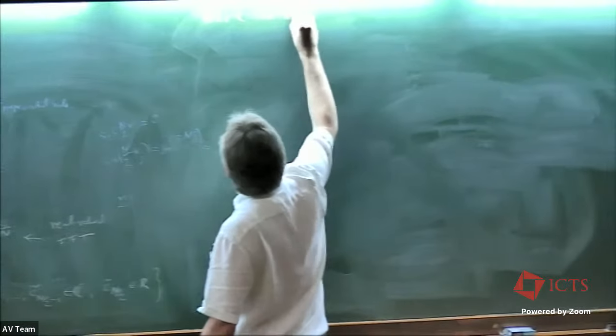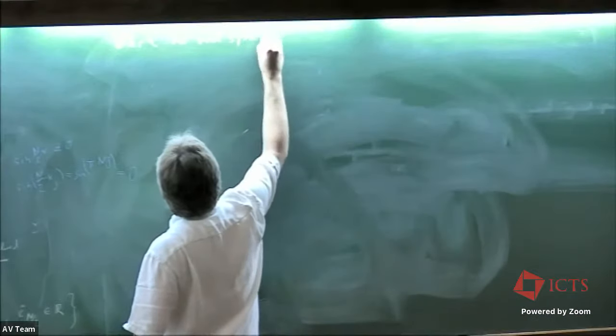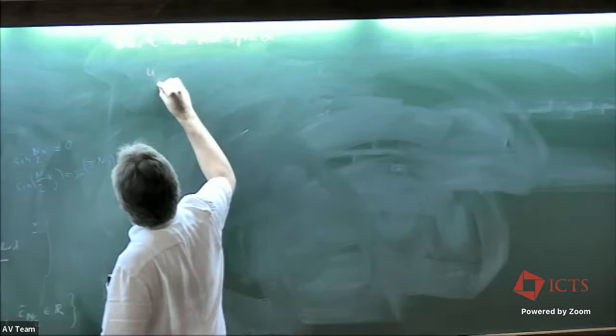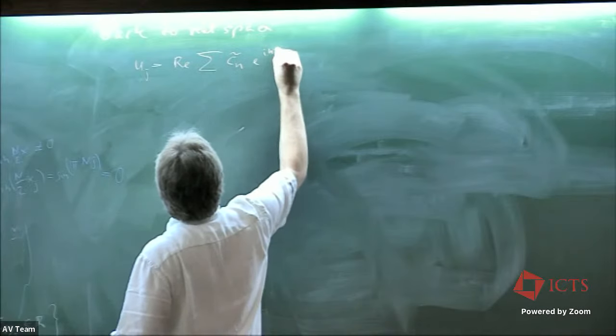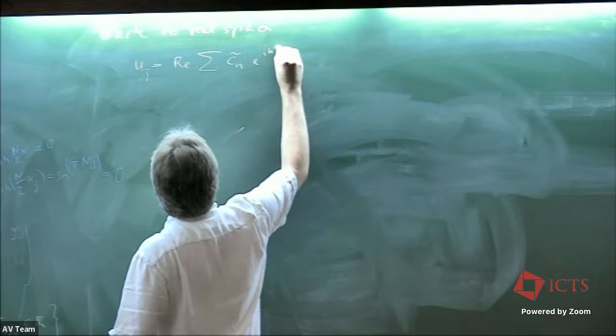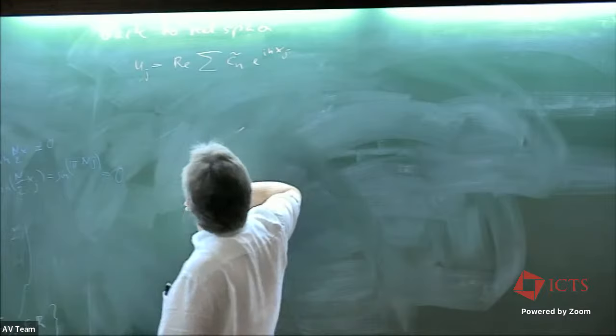Back to real space. Well, we have u_j is the real part of the sum of c_n tilde e to the i n x_j.